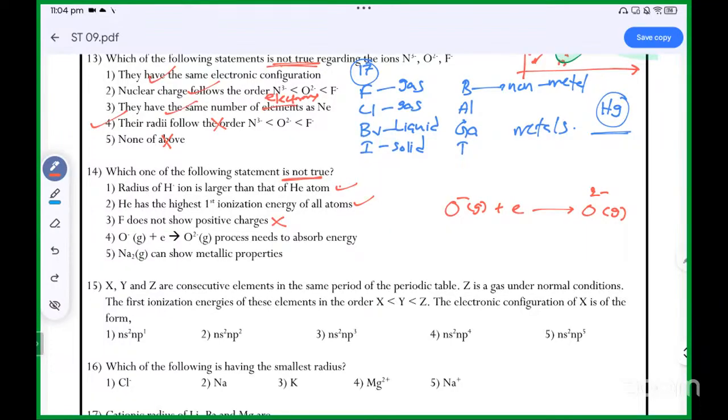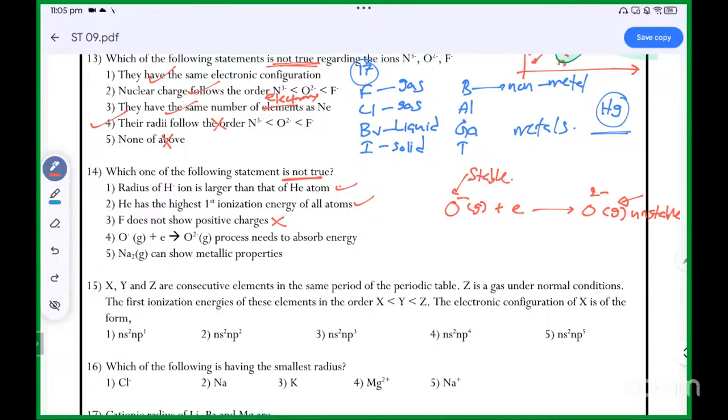So as a statement, O2 minus has higher energy, which means it should be unstable. So if it needs to absorb energy, O minus should have low energy, which means it is stable.